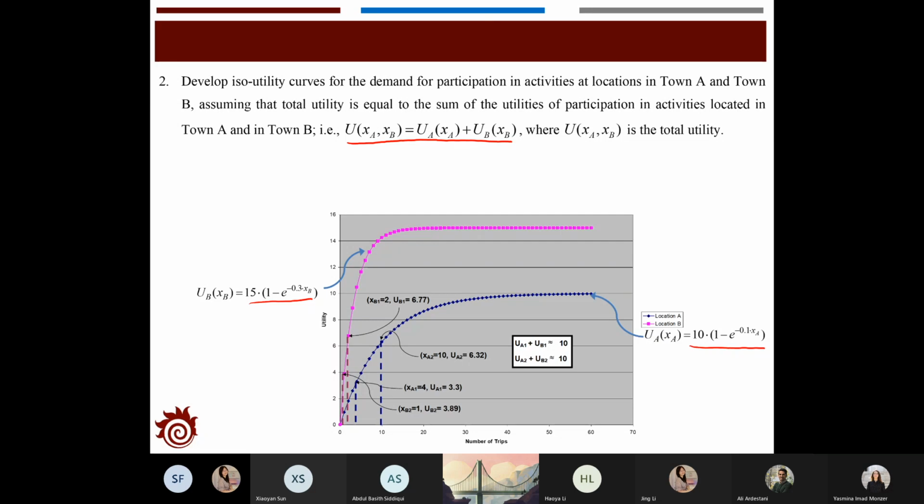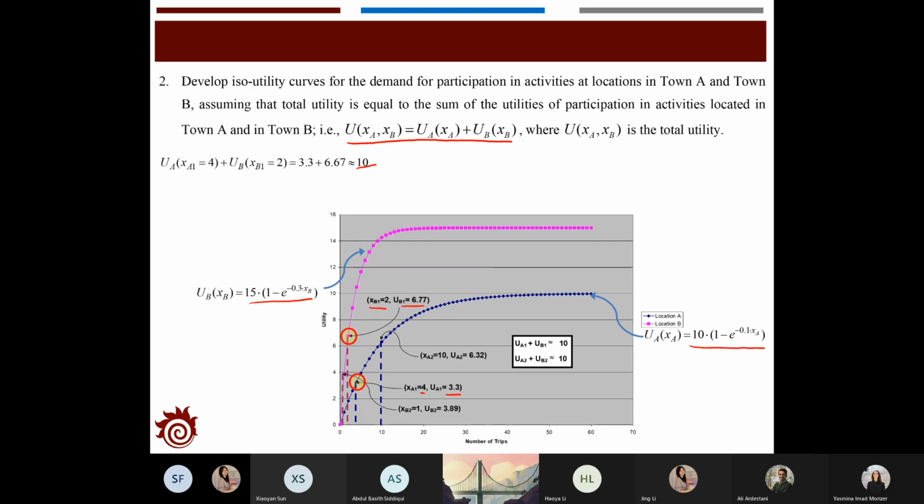XB will be constant. For example, if we start with two points, for XA equal to 4, we get the utility of town A as 3.3, and for XB equal to 2, we get the utility as 6.77. If we put them together, the total utility is 10.